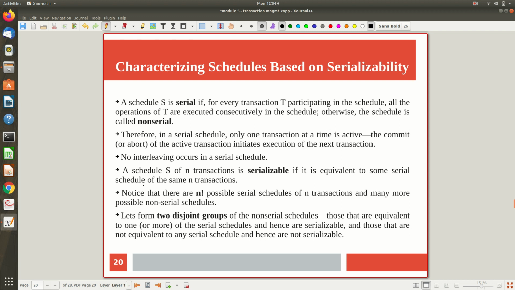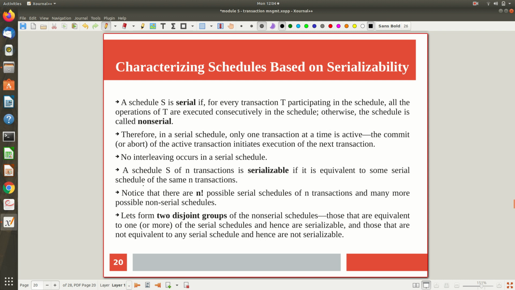Now how can we deal with them? That is the question. The topic is how we can characterize different schedules based on their ability to serialize, that is, even though it is a non-serial schedule, whether it is equivalent to some serial schedule. Whether they are serializable. So that is the topic.